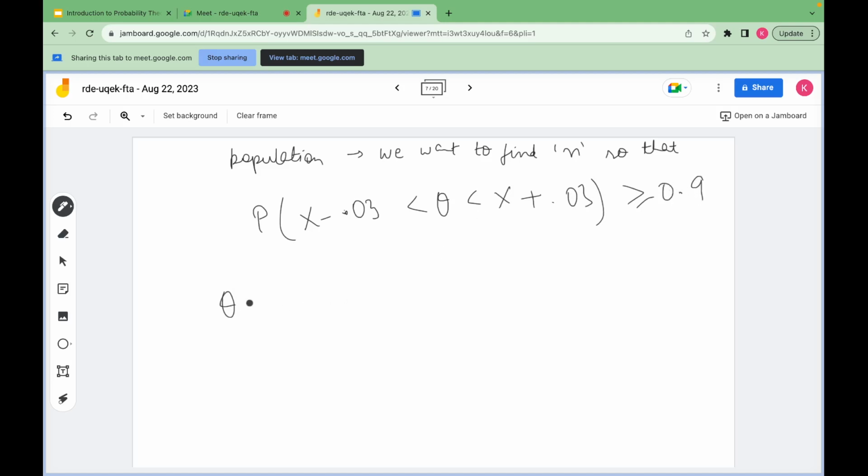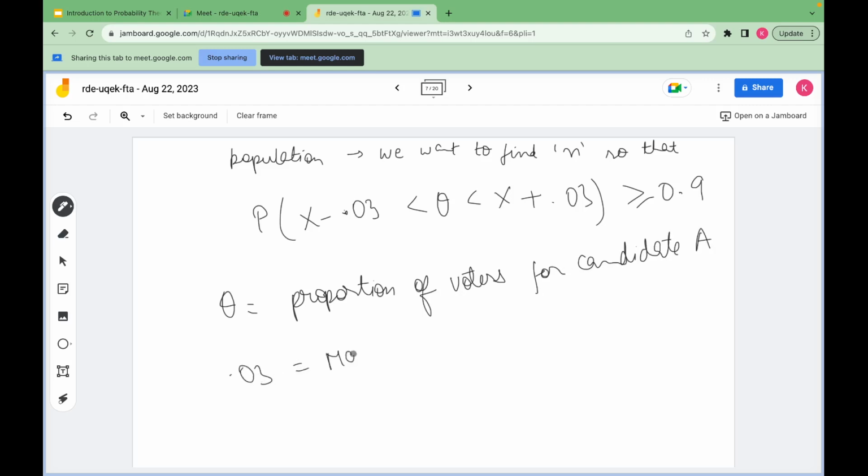What is theta? Theta is the proportion of voters for candidate A. 0.03 is the margin of error.